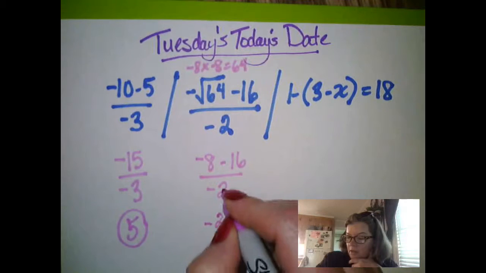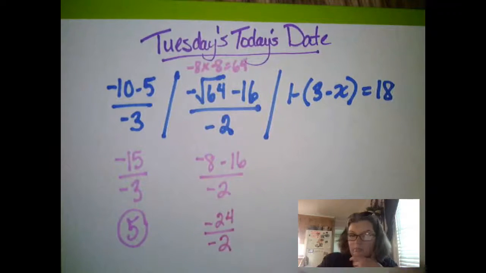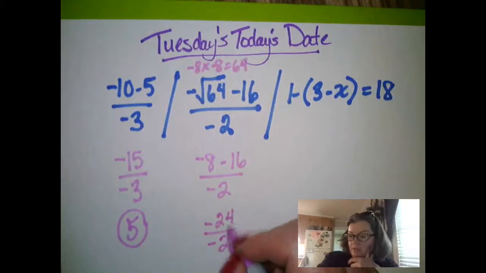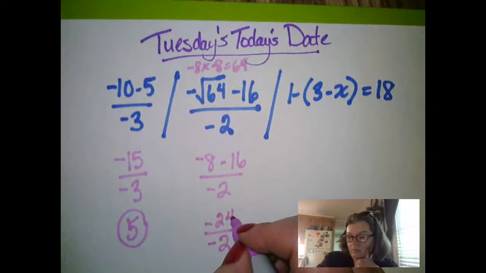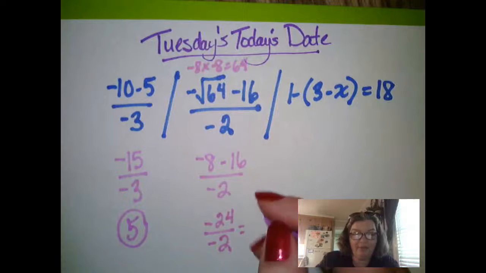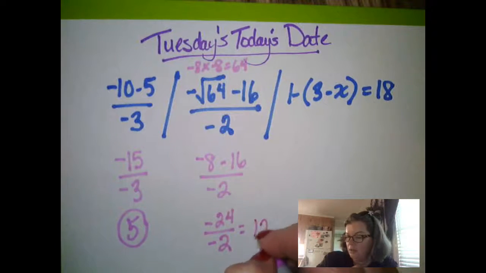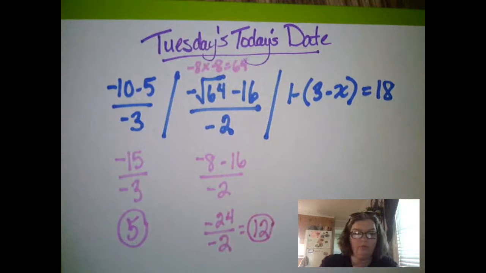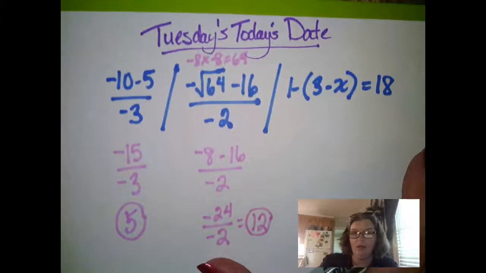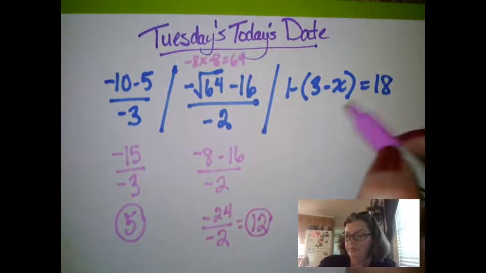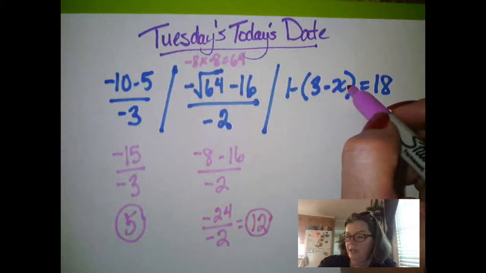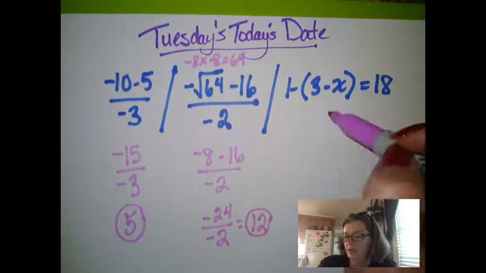And I'm dividing by -2. Again, both of these are negative, so my answer will be positive. And when you divide by 2, you look for half of whatever it is. So half of 24 is 12.